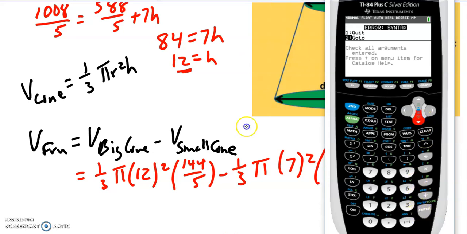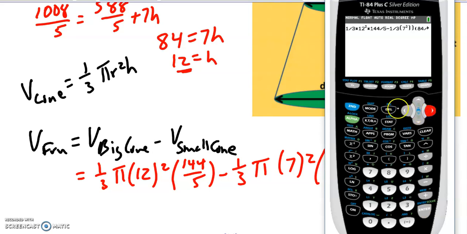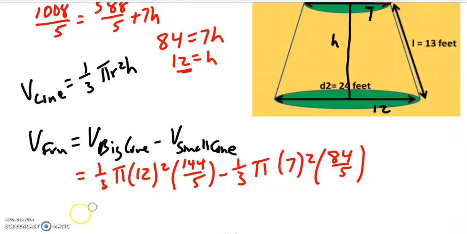Looks like I put something in wrong, so let me see what I'm missing. Oh, an extra parenthesis there. Okay, let's try that. 1108 pi, and this is feet cubed. Again, that's exact, but asking you to round.